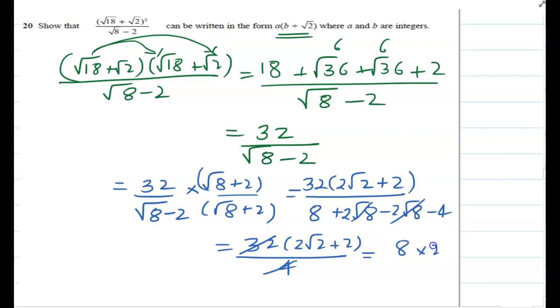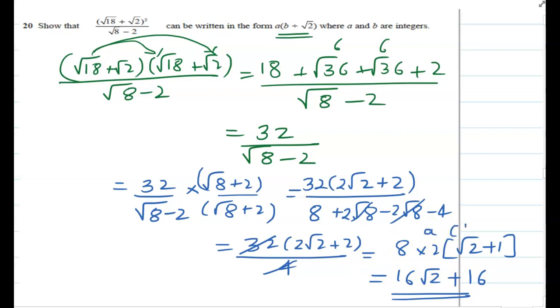If 2 comes out, what is left here? Root 2 plus 1. So we got 16, 8 times 2 is 16, 16 times root 2 plus 16. So this is like a plus b root 2, so this will be a, and this will be b plus root 2 type, right? Okay, so that's your answer.